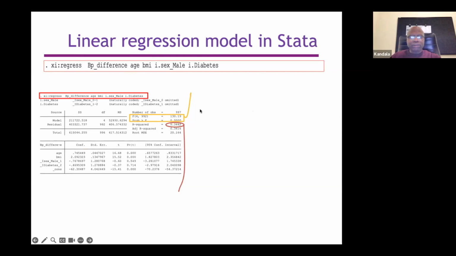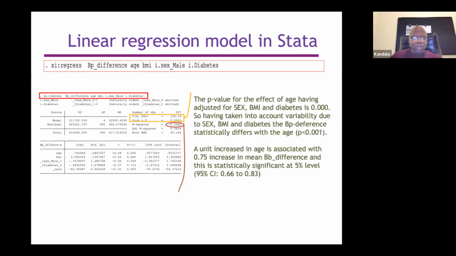So after the model, after checking the R-square, after checking the p-value of the model, you will also need to look at the individual variables. So you can also see that the p-value of the effect of age, adjusting for gender, has improved, and also adjusting for BMI and diabetes is less than 0.05.